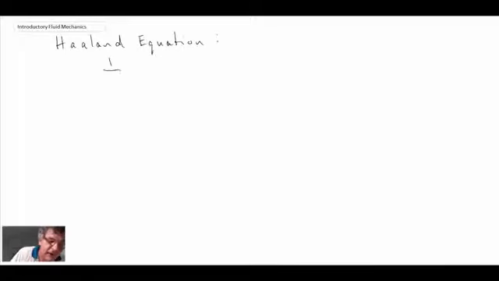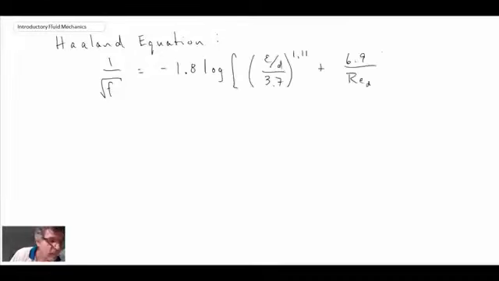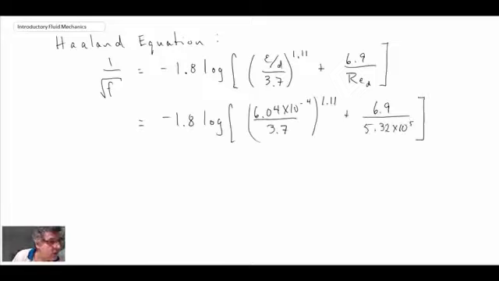Writing out the equation for the friction factor and plugging in values, we can solve for the right-hand side, which is equal to 1 over the square root of the friction factor. With that, we can solve for F to be 0.0182.